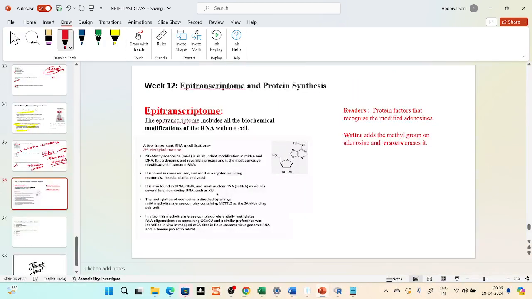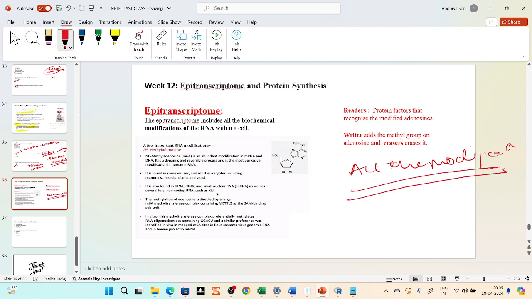Then we have studied about epitranscriptome and protein synthesis. Epitranscriptome includes all the modifications that happen in the RNA. The sum total of all the modifications that happen in the RNA is known as epitranscriptome.